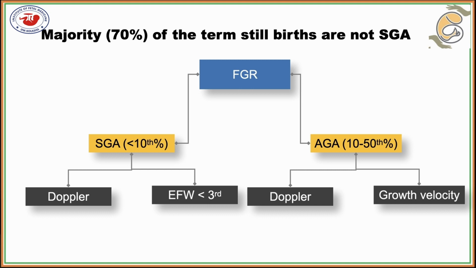So don't be under the misconception that if it is appropriate for gestational age, it can't be FGR. FGR includes small for gestational age as well as appropriate for gestational age.